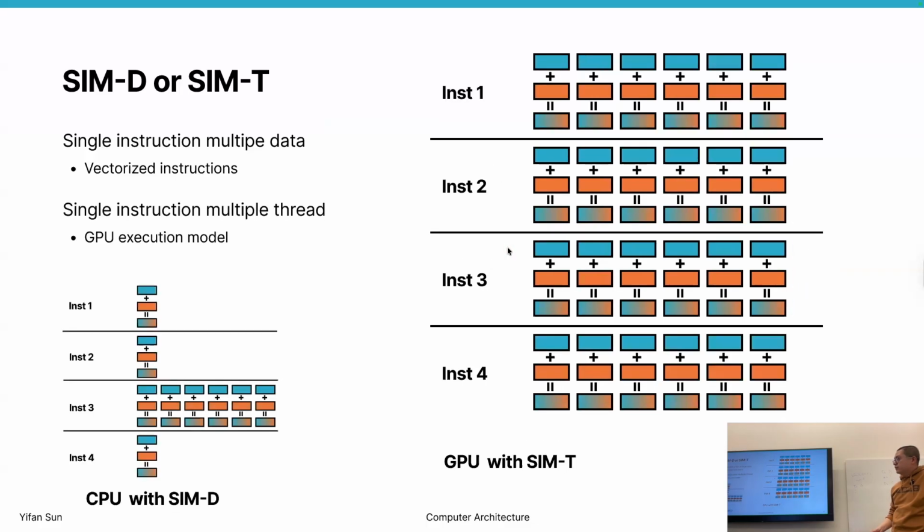In a GPU, it's slightly different. The GPU works in this way: every instruction is parallelized, or at least most instructions are parallelized. In this case, we call this SIMT, the single instruction multi-thread model. Although most of the time, we don't really need to differentiate these 2 concepts that much.